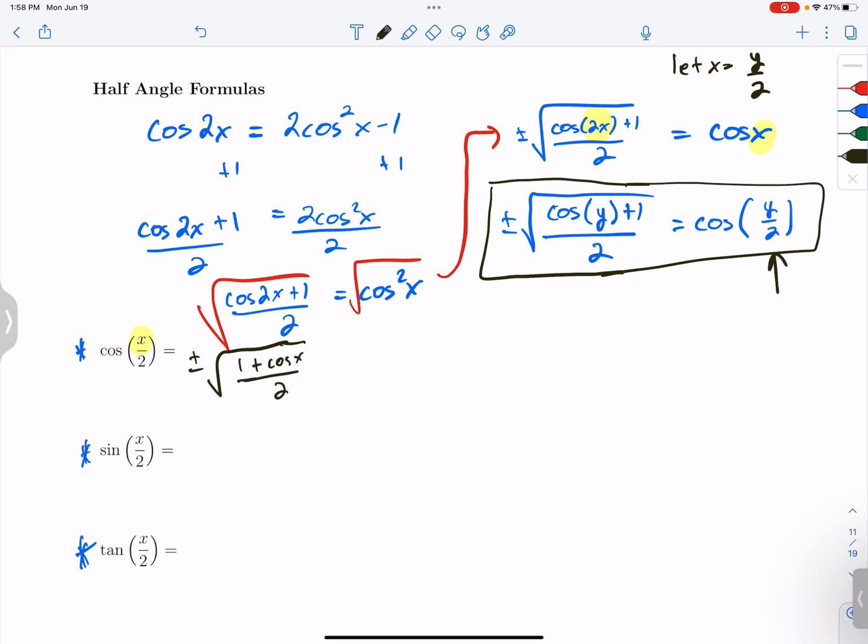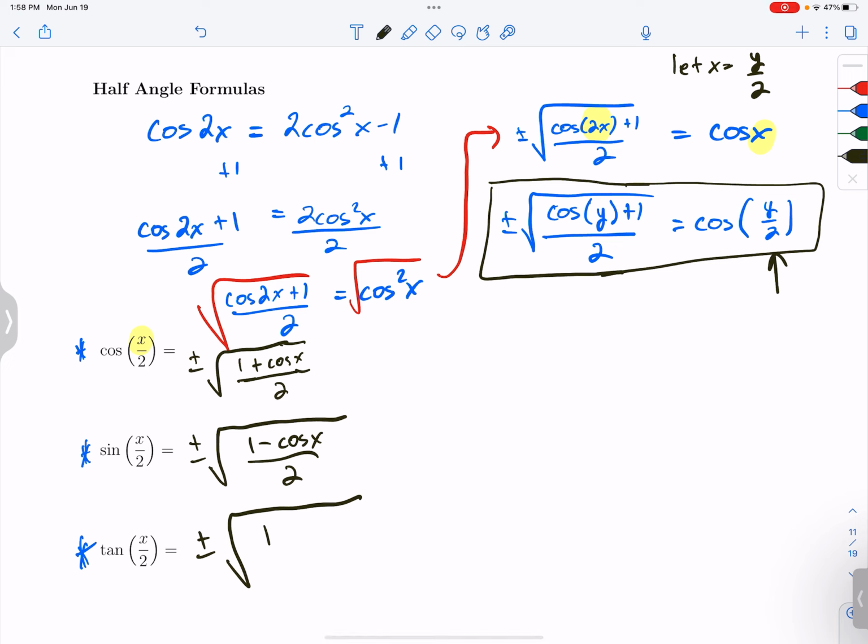The reason is because the half angle for sine is 1 minus cosine of x over 2, just so that these are consistent: 1 plus for the half angle for cosine, 1 minus for the half angle for sine. And then for tangent, it's plus or minus the square root. Remember, tangent is sine over cosine. So this is 1 minus cosine x over 1 plus cosine of x.